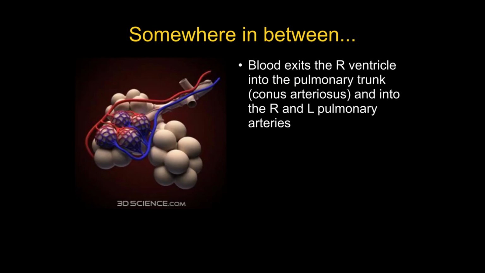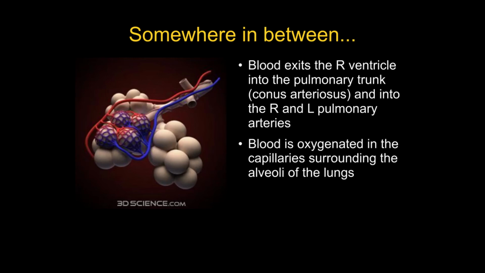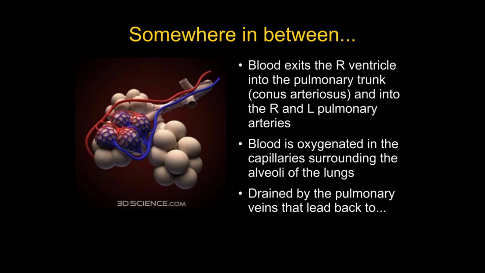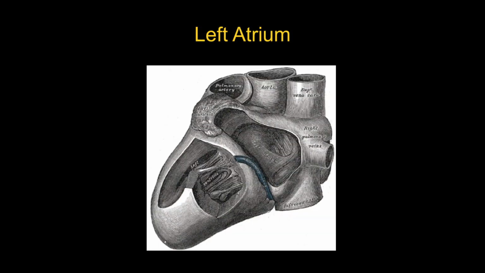So once the blood has left the right side of the heart into the pulmonary circulation, this is where the venous blood gets oxygenated in the alveoli of the lungs, and then they are drained back by the pulmonary veins to the left side of the heart, now represented here by the left atrium.